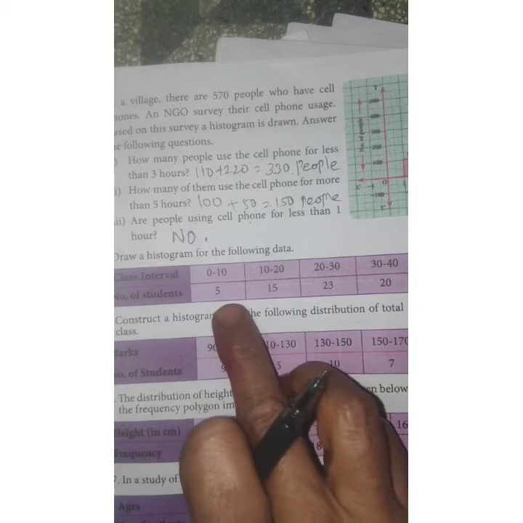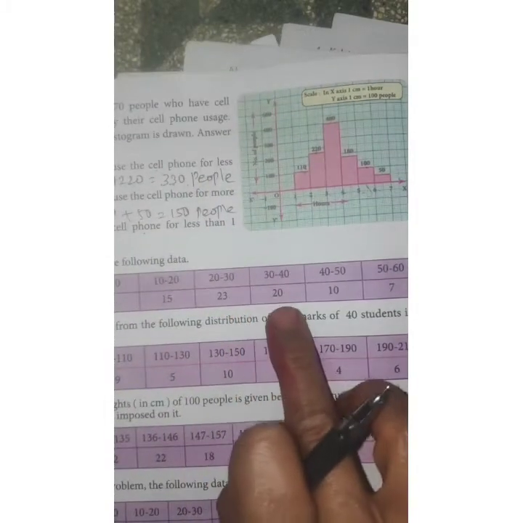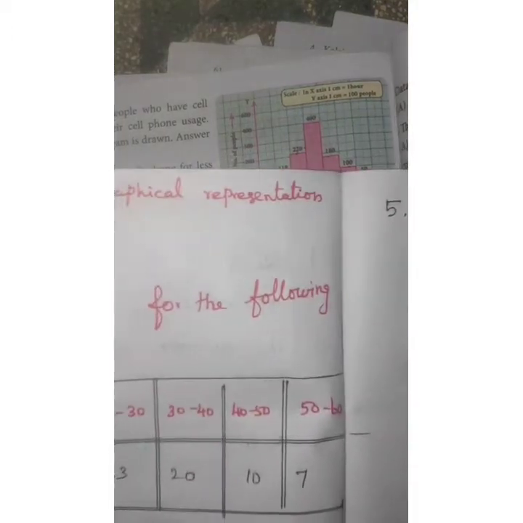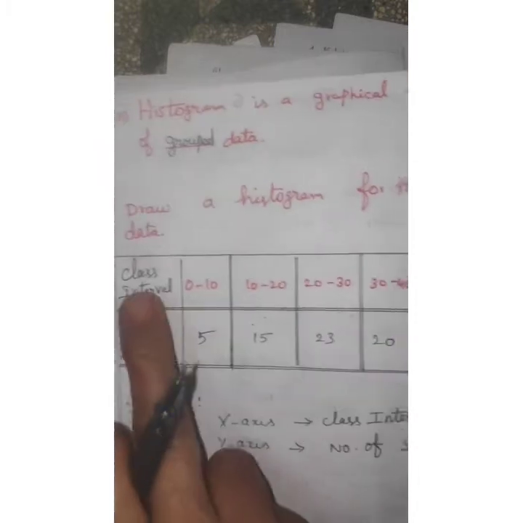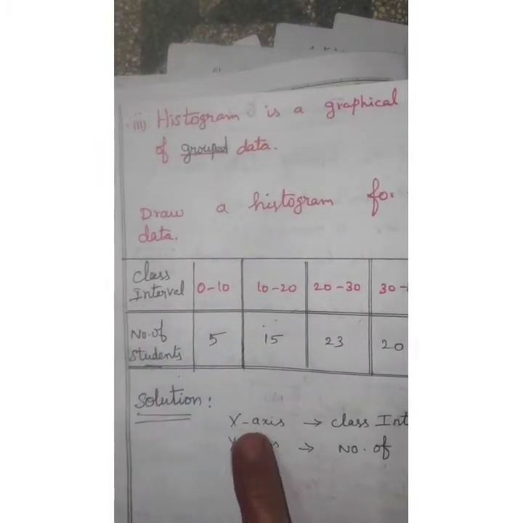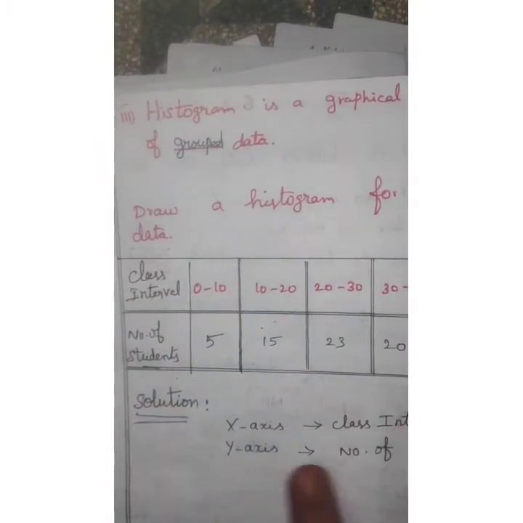Number of students 5, 15, 23, 20, 10, 7. Write the solution neatly. On the X-axis, first, class interval. Y-axis, number of students. Use a full graph sheet.